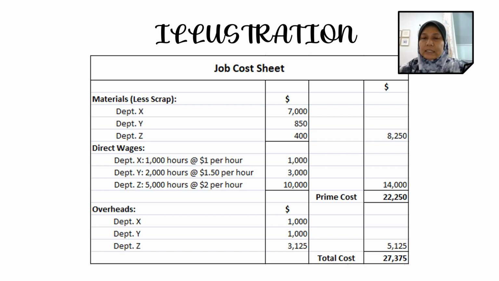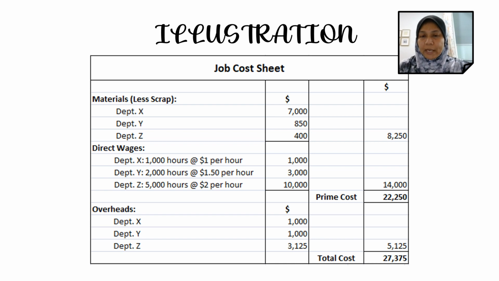In this slide, I will show you how a job cost sheet is prepared. This is just an illustration, and the details of the items in the job cost sheet depend on the items used for each particular job.